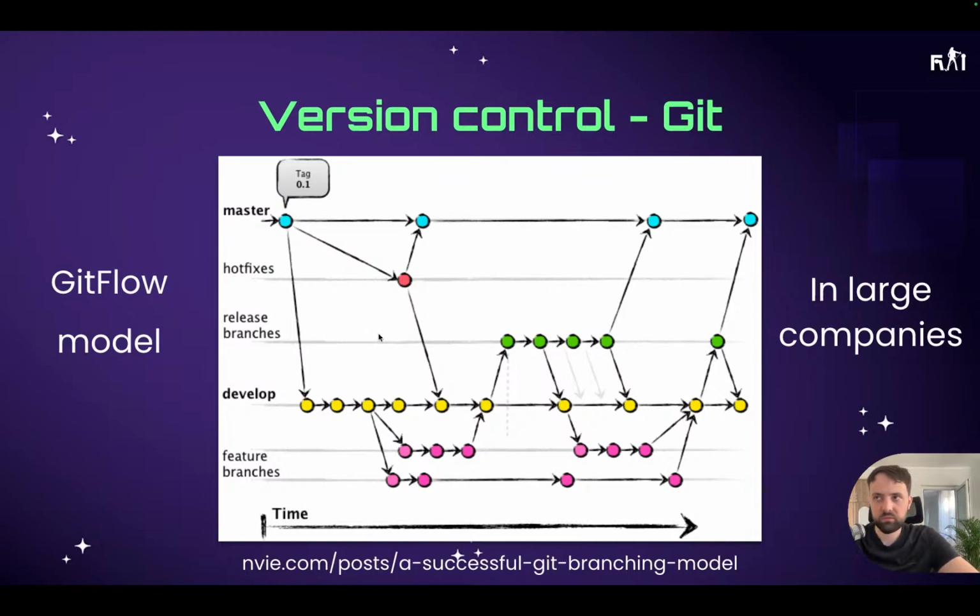Once your project gets really complex, you start to use a model like this, the Git flow model, and there are other models as well, where you have a develop branch where changes are created. When somebody has to implement a new feature, they branch off of this one, create a new branch, work on the feature, then merge it back into the source of truth, the develop branch.